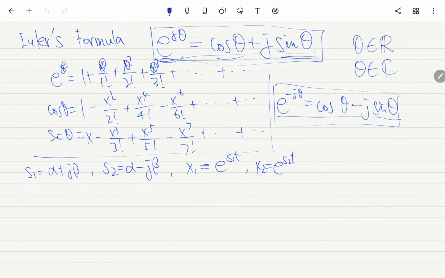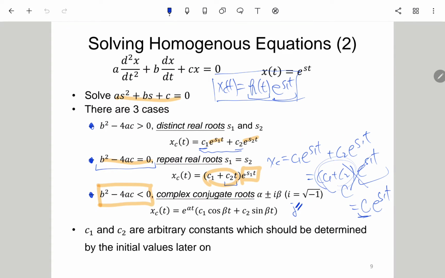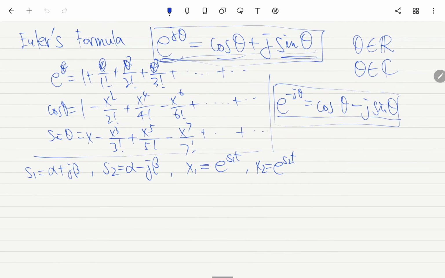Okay, so using the idea of the first case, we can write xc of t as something like c1 exponential of s1 t plus c2 exponential of s2 t.